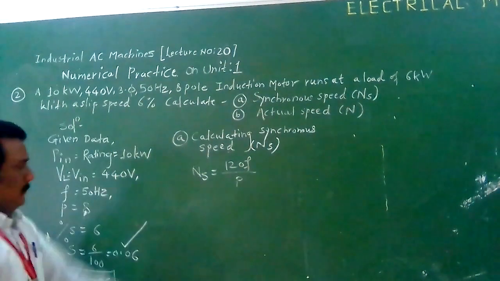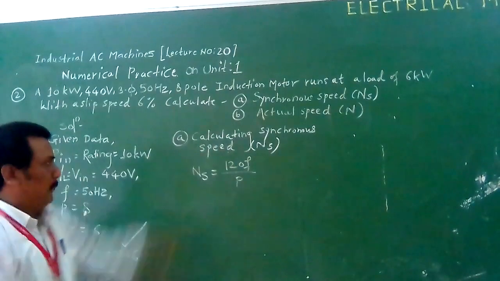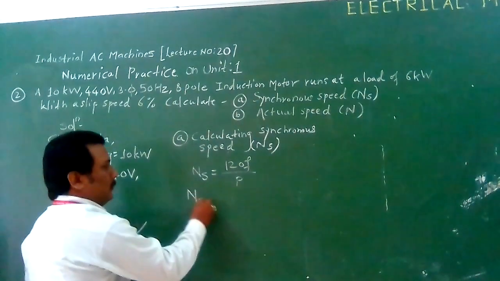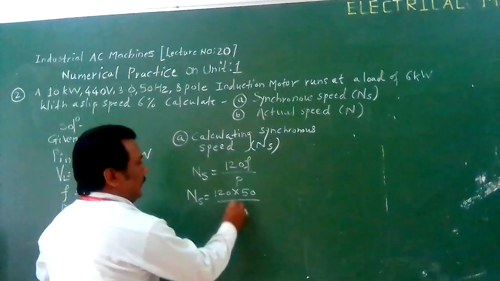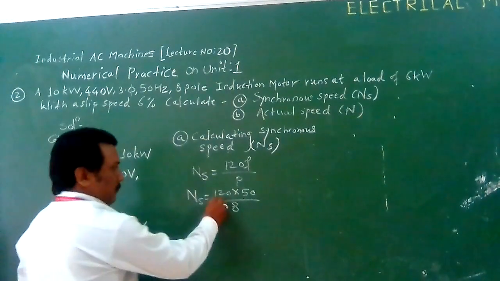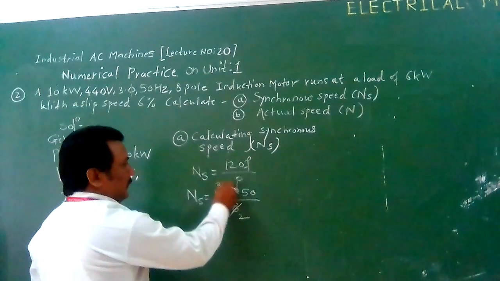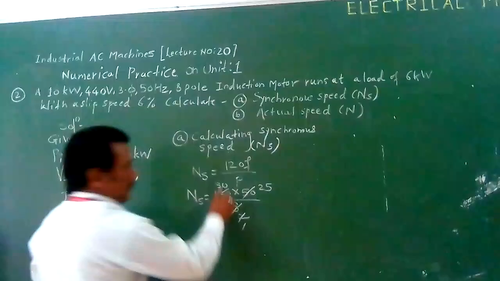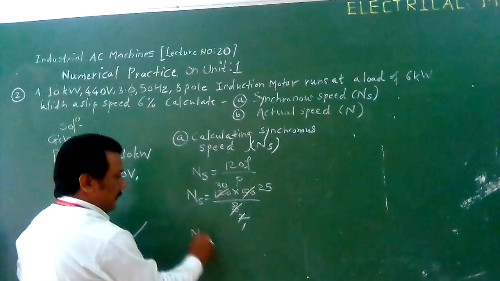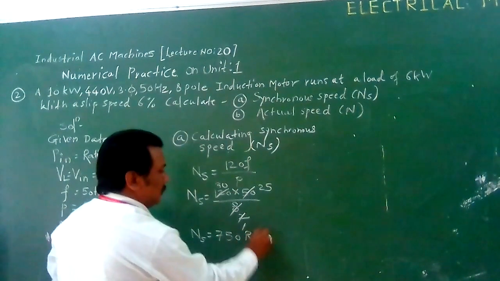In this case, the frequency is 50 hertz and p is 8 poles. So ns is equal to 120 into 50 divided by 8. By simplifying this, 4 into 2 is 8, so this is 30, then 30 into 25. ns is 750 rpm.